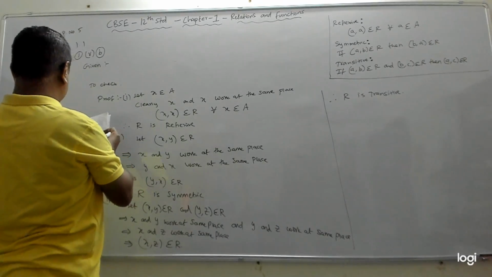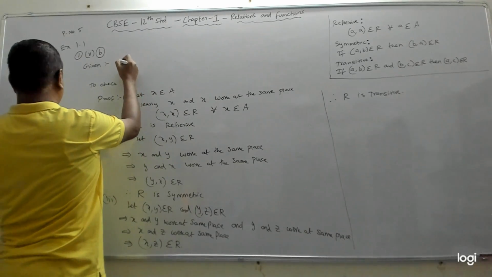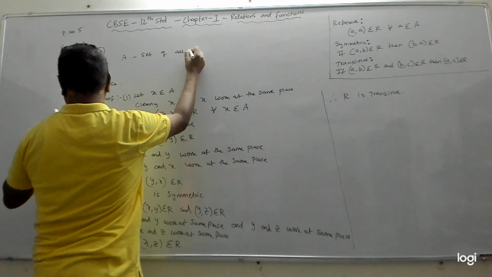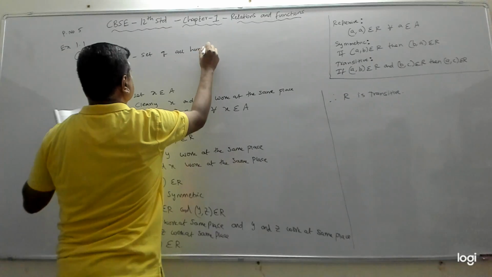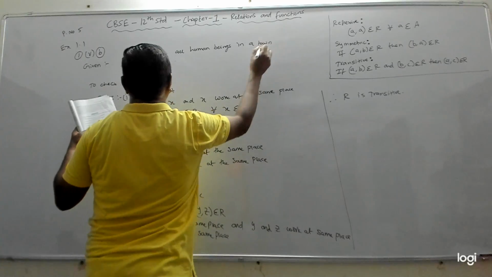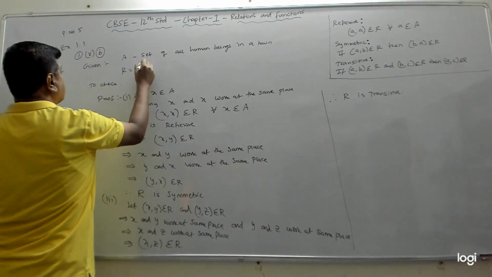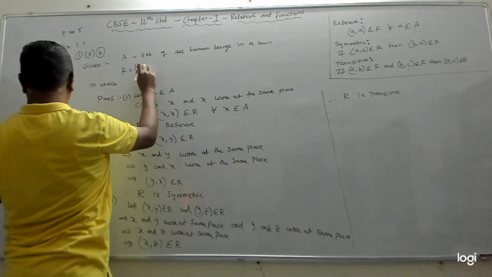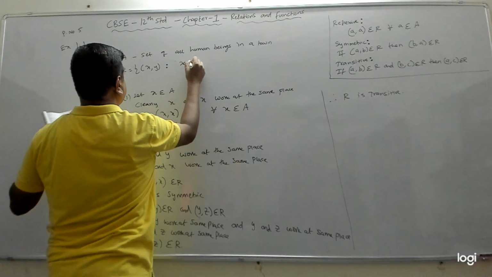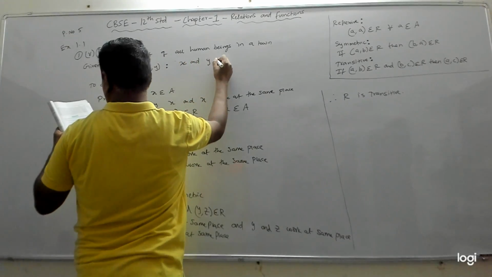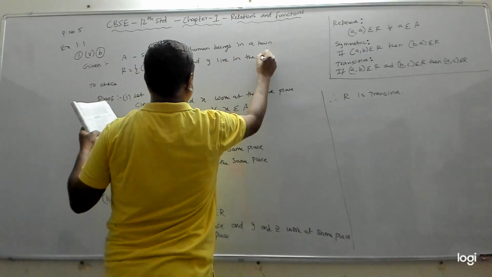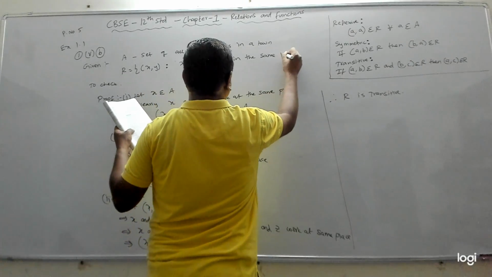A is, again, A is the set of all human beings in a town, and the relation R is defined as the set of all x comma y such that x and y live in the same locality.